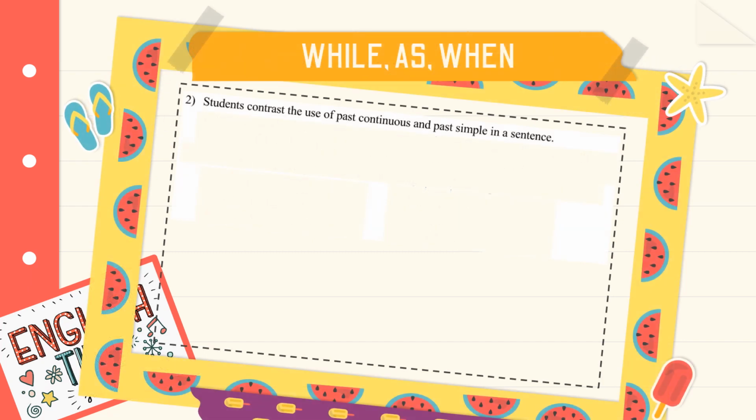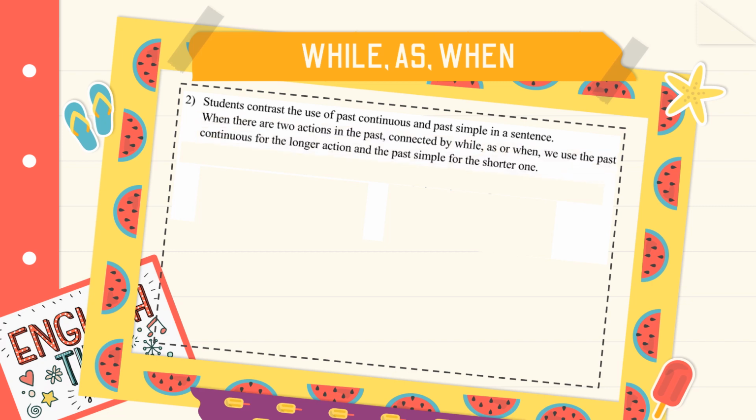Thing that you need to do in this topic is to contrast the use of past continuous and past simple in a sentence, like this. When there are two actions in the past connected by while or as or when, we use the past continuous for the longer action and the past simple for the shorter one, like this.